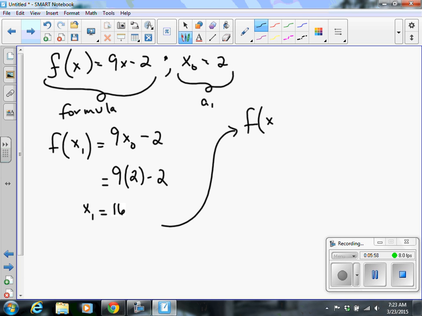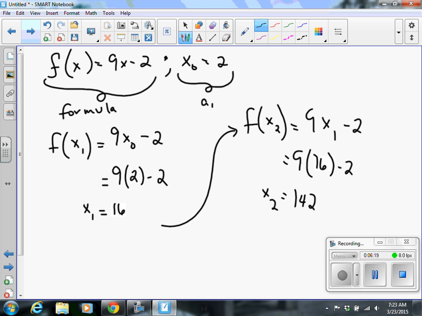So x2 equals then 9 times x1 minus 2, and I just plug that information in again. So in this case, I have 9 times 16 minus 2 gives me 142. Okay, so it's the exact same process, it just looks a little bit different.